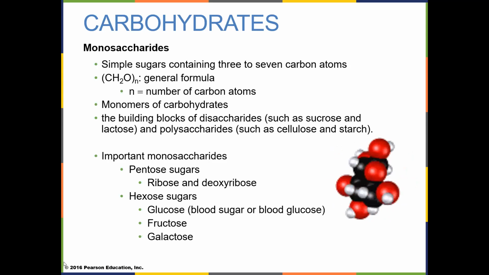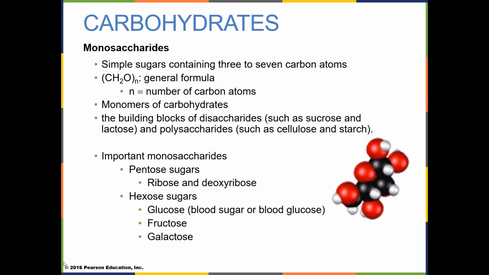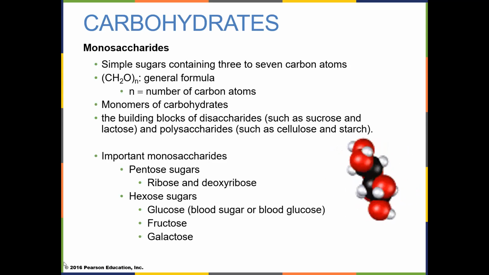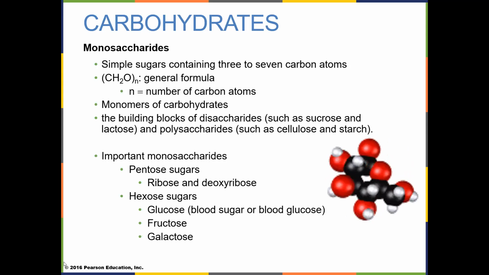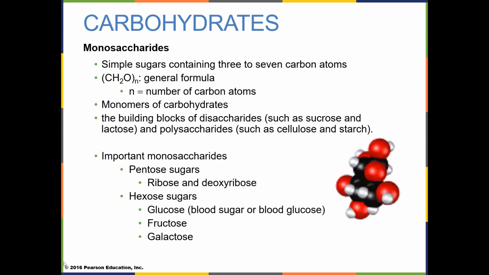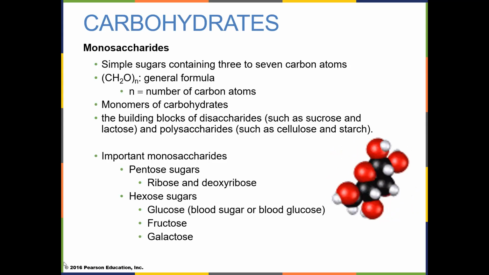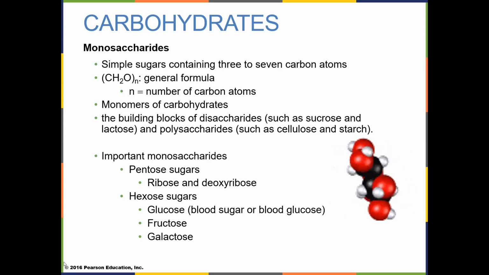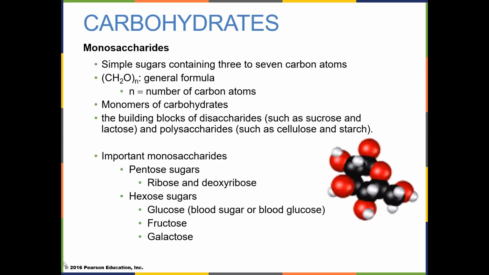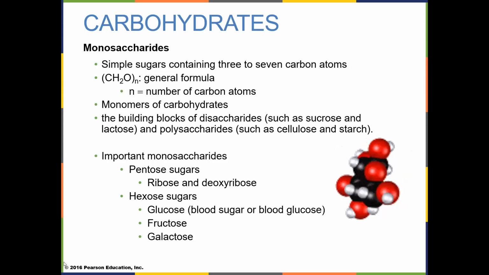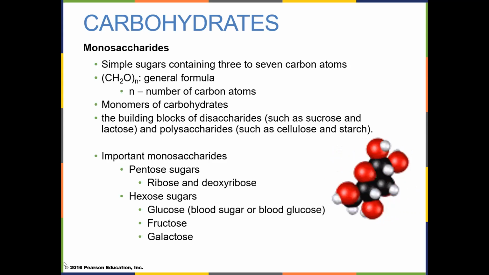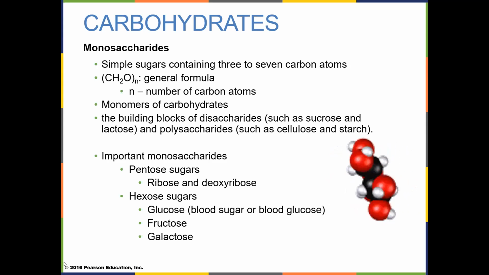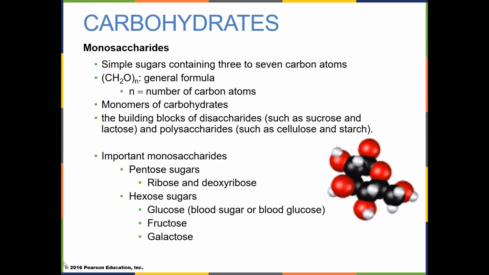Now, there are other sugars that we deal with. We have 5 carbon sugars. That's ribose and deoxyribose in RNA, ribonucleic acid, and DNA, deoxyribonucleic acid, genetic information, the nucleic acids. So we have simple sugars in 5 carbon. We have simple sugars in 6 carbon.